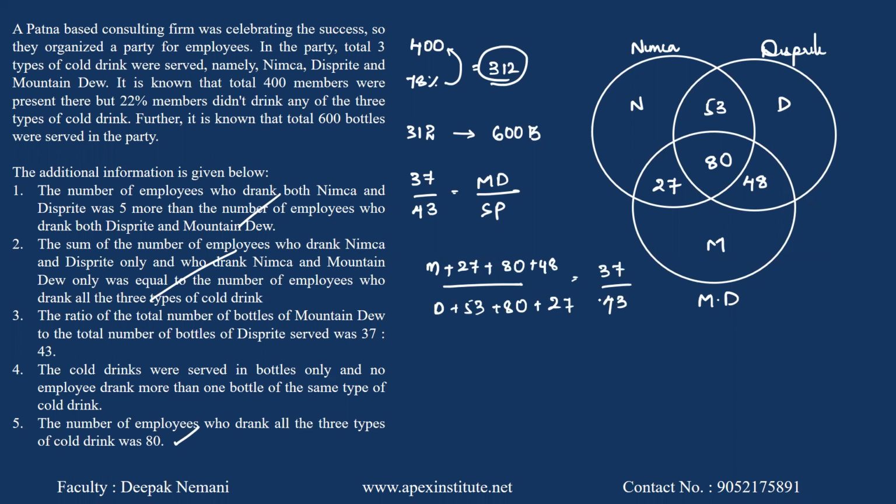Okay, and once we have the value of x, the sum of all these numbers should be equal to 302.